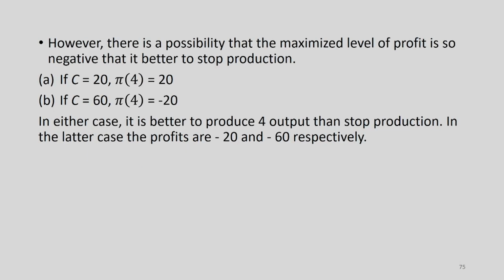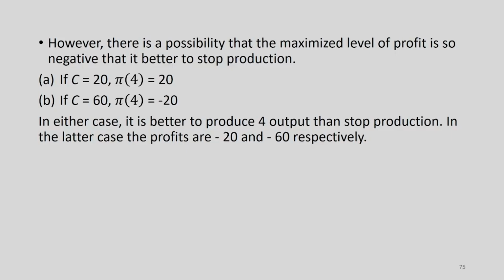However, there is one caveat. There is a possibility that the maximized level of profit is so negative that it is better to stop production. Okay, let us try to understand what I am trying to say. If the fixed cost becomes very high, it is possible that even after maximizing the profit, the profit that you obtain becomes extremely negative.